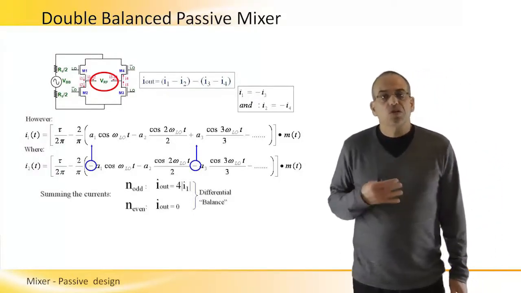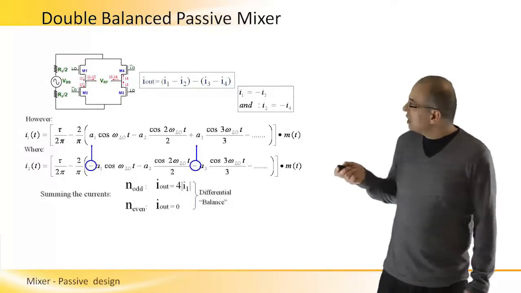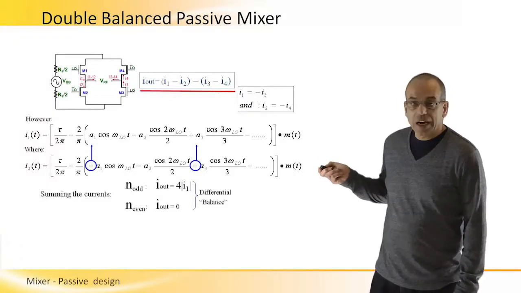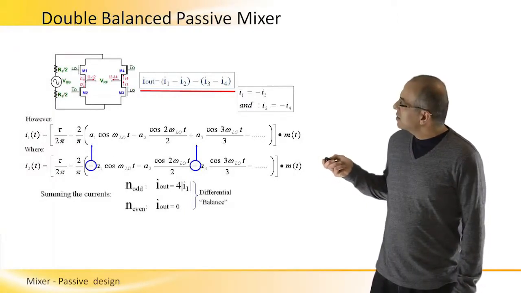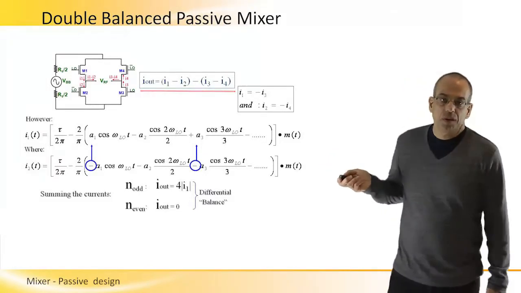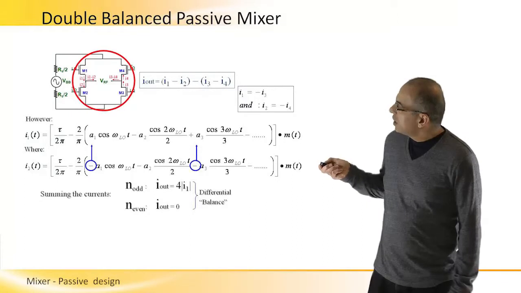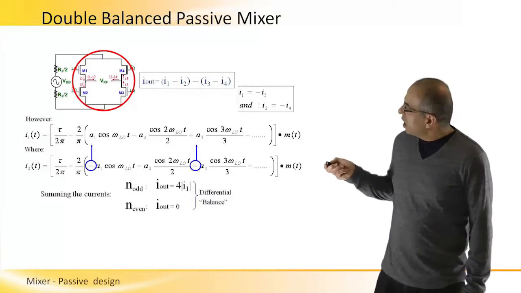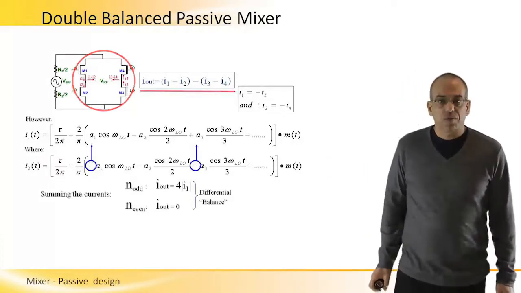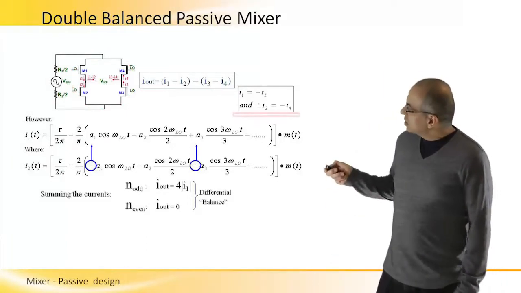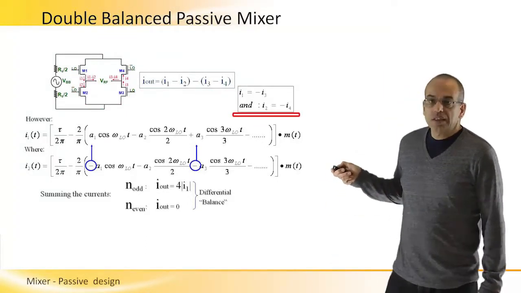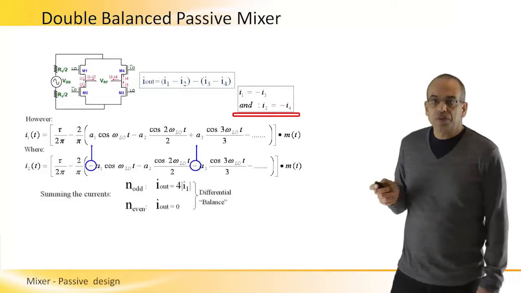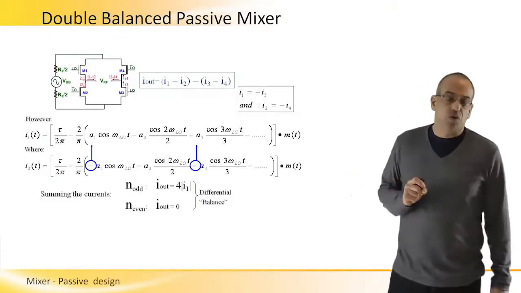So basically we are switching currents here, and the output current will be I1 minus I2 minus I3 minus I4. So we have M1, M2, M4 and M3 here, and the output current is described right here. What we need to see is that, because of the different phases, I1 has the same amplitude but different phase than I3, and the same goes for I2 and I4.